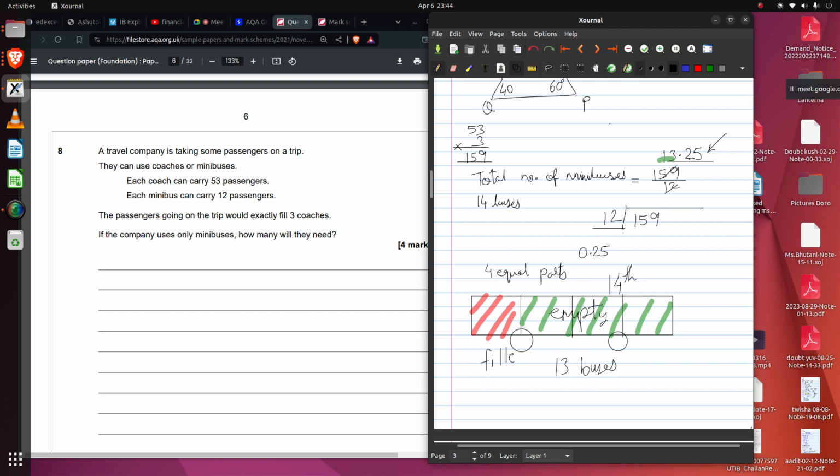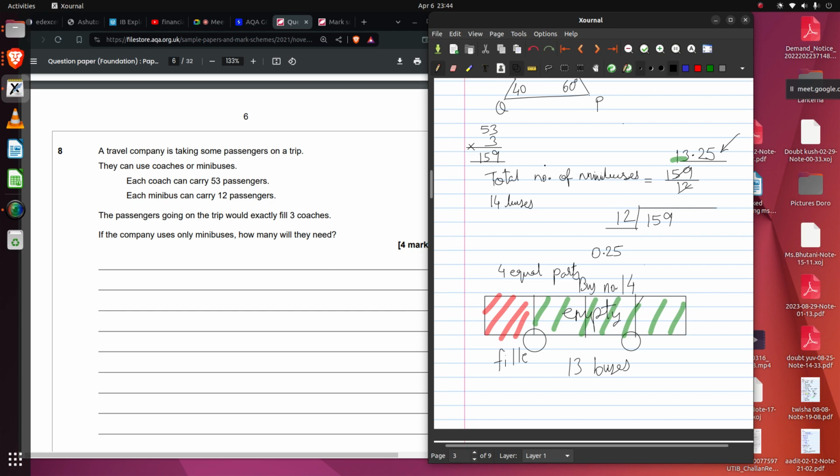Yeah. But I cannot only take 1/4 of the bus. I have to take the full bus, which is bus number 14. I have to take the entire bus along with me for seating the passengers, to carry the passengers.